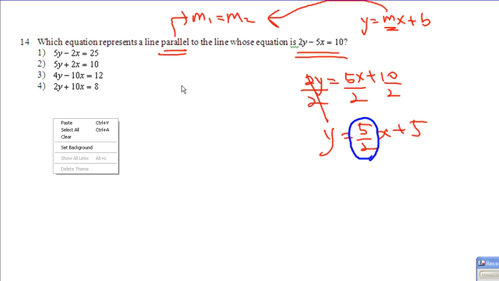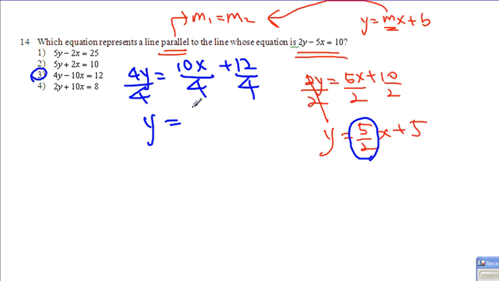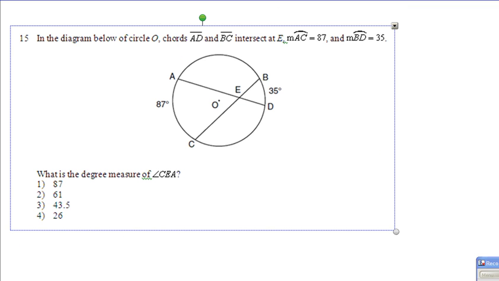In fact, the answer will be choice 3, because as you move this one over to the other side, we get 4y is equal to 10x plus 12. So as you divide by 4, y is equal to 5 over 2 x plus 3. So once again, the third one will be our choice.